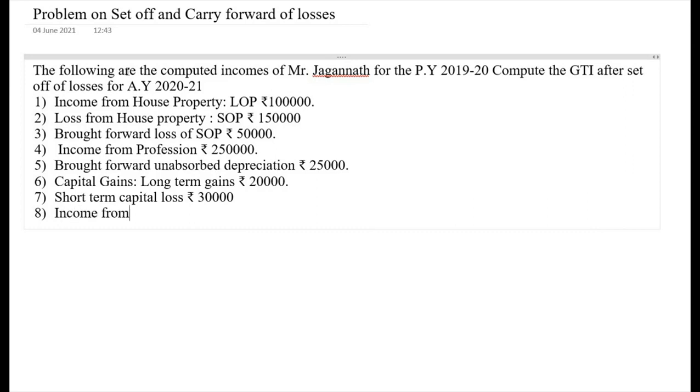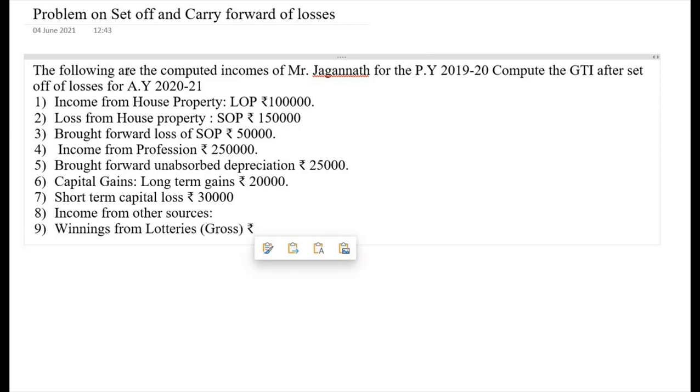Income from other sources: winnings from lotteries, gross rupees 50,000.